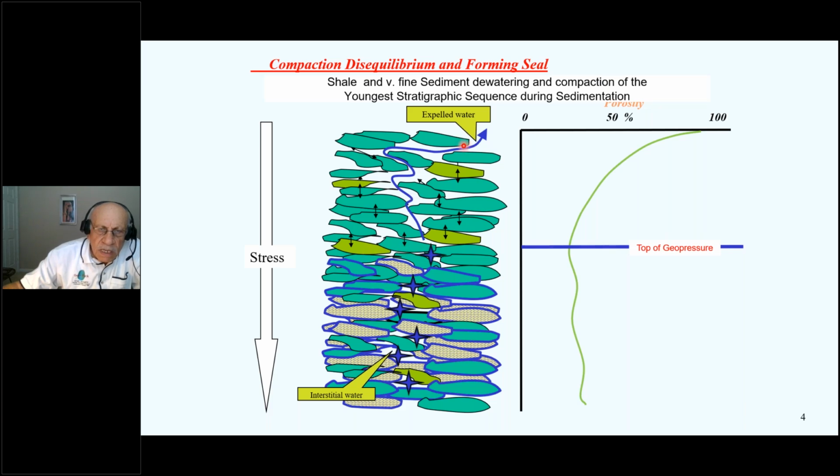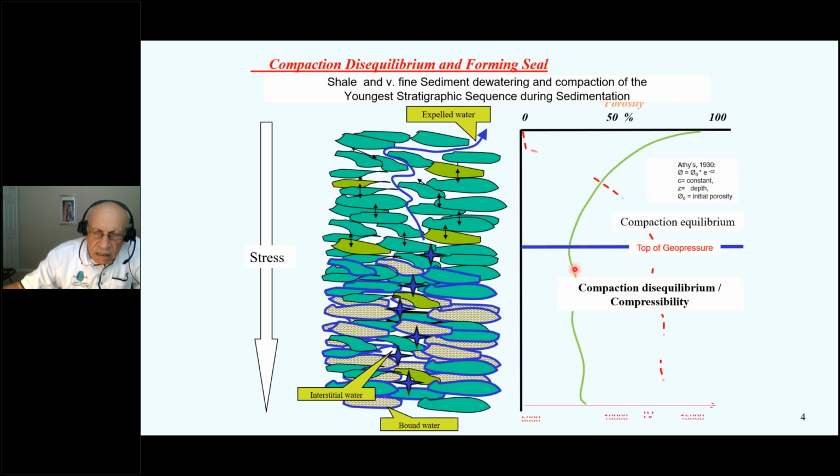So here is open, here is sealed, and here is where we came up with the idea of the effective stress, because here is the fluid pushing against the grain, and the grain pushing against the fluid, and that's what makes the porosity change direction. Instead of increasing, it decreases. And based on that, the velocity is going to do the same thing. The velocity is going to increase, and then it's going to freeze at the top of the geopressure.